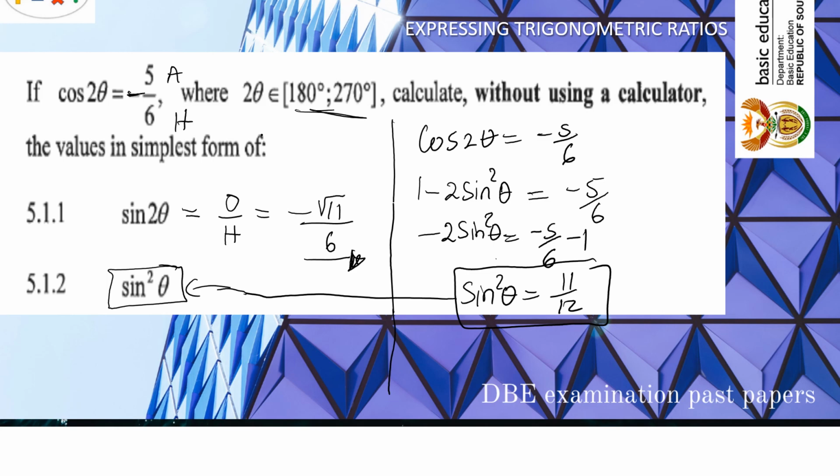How did we solve it? We used the given information and simplified it in such a way that it can give us that sine theta, so that we can determine the answer. So it's the indirect approach, as I said, and it's very interesting like that.